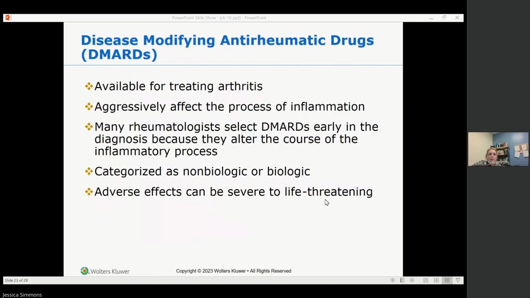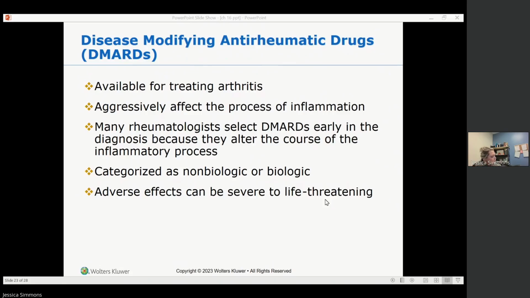Okay. DMARDs. DMARDs is a big one. DMARDs are available for treating arthritis. Many rheumatologists select DMARDs early in the diagnosis because they alter the course of the inflammatory process.